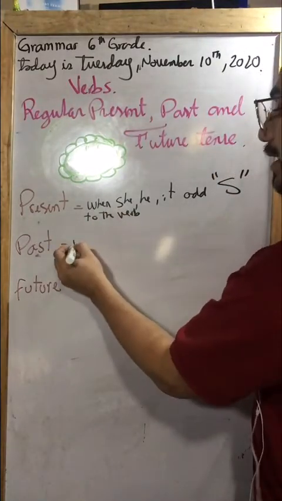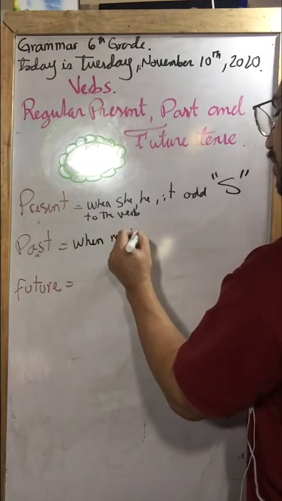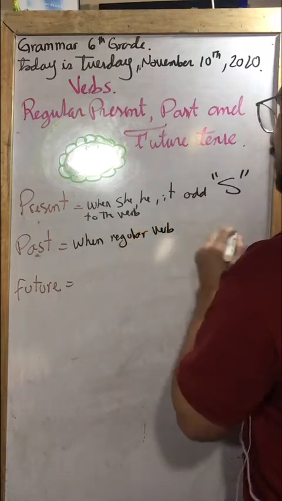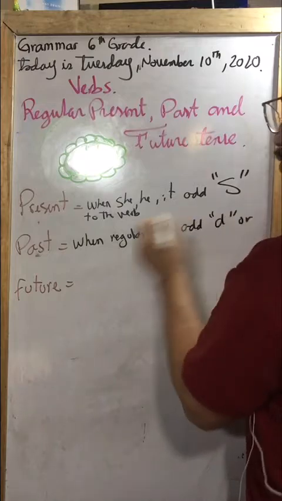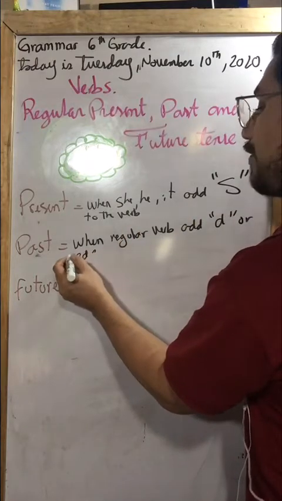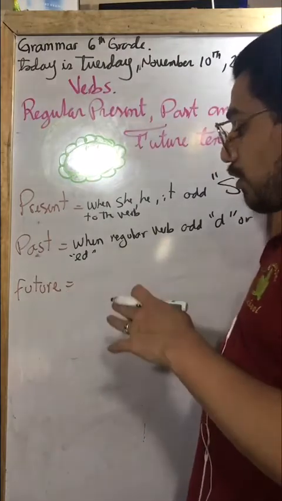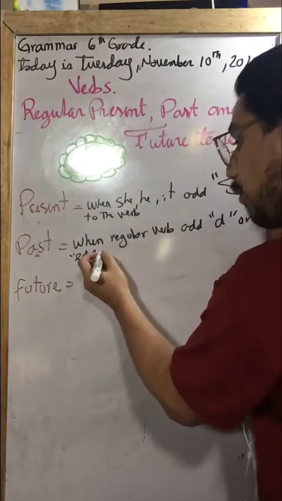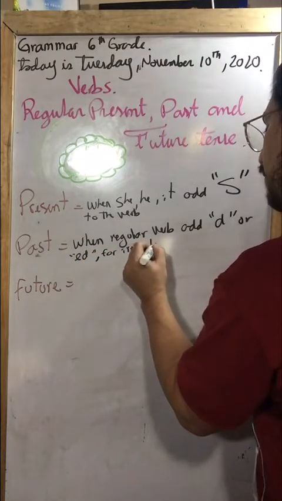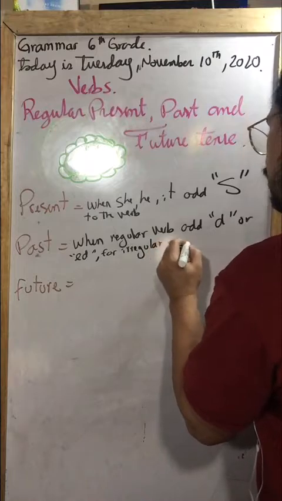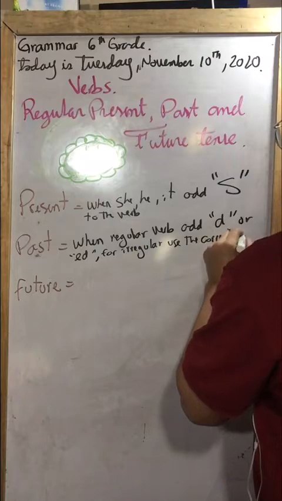For past, when regular verb add d or ed. Obviously only for regular, because for irregular we are going to write a different word. For irregular, use the correct form.